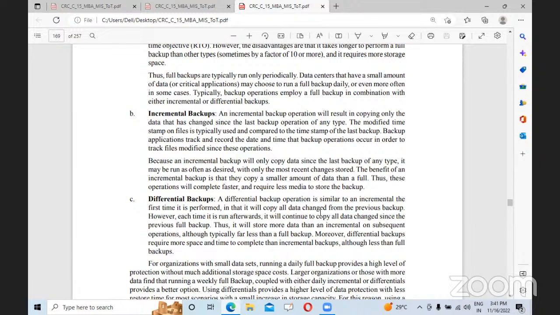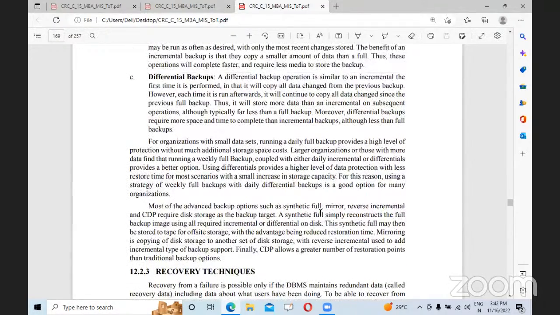Now differential backups. A differential backup operation is similar to an incremental the first time it is performed. In that way, it will copy all the data changed from the previous backup.